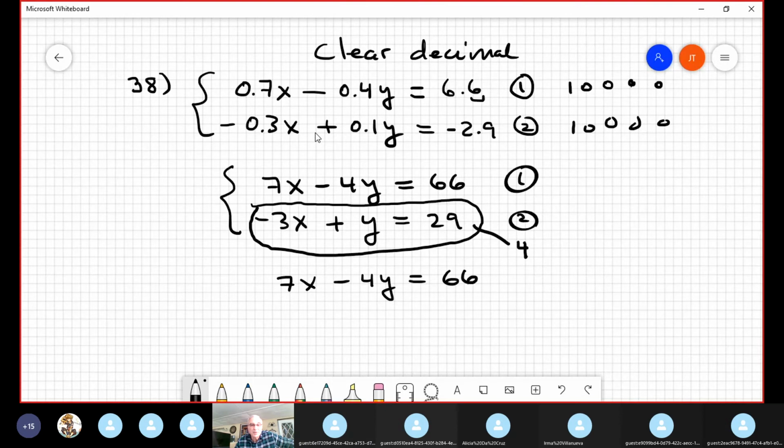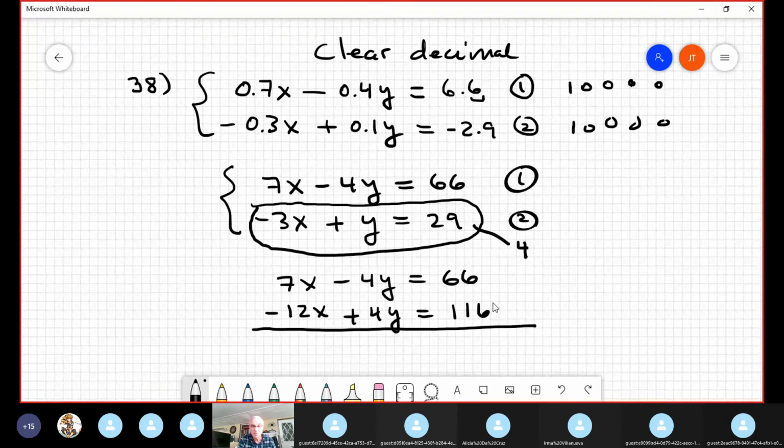I multiply by 4. It's a minus 12x. This is plus 4y. Beautiful. This is ready for elimination. And 29 times 4, I put in my calculator, of course. 29 times 4 is 116. Okay, now ready.